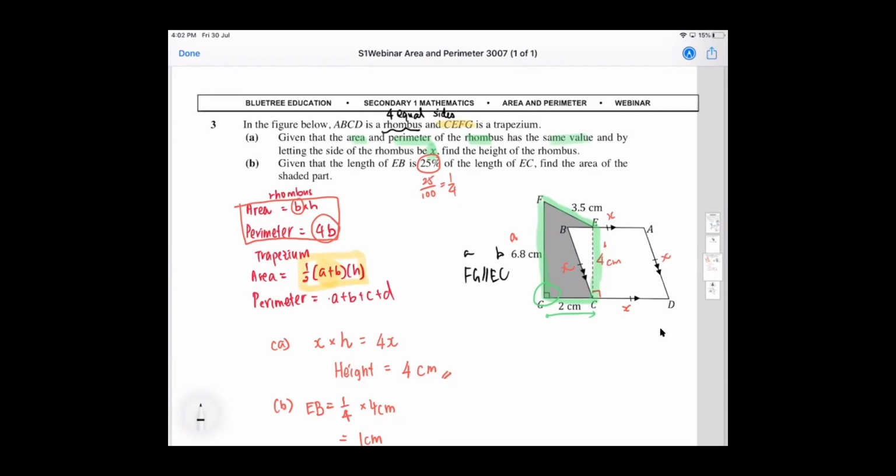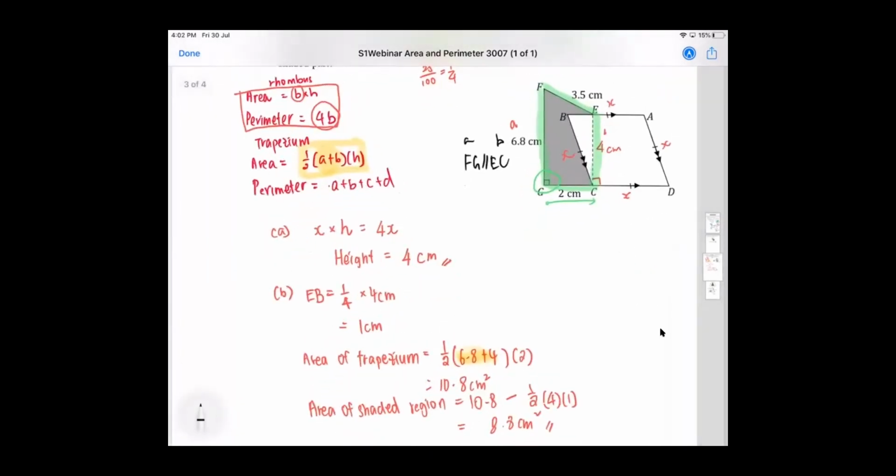Okay, so up to here, is it okay? This part here is 6.8. 6.8 is the length of FG. Okay, so EC is 4 cm. EC is the height, 4 cm. So you take the sum of these two, which is A plus B. Then you times the perpendicular distance between them, the 90-degree distance between the two sides.